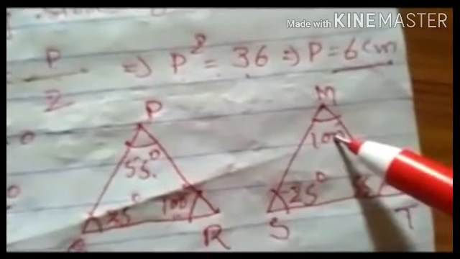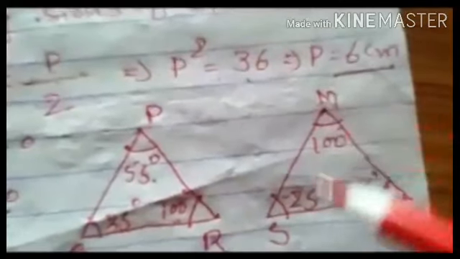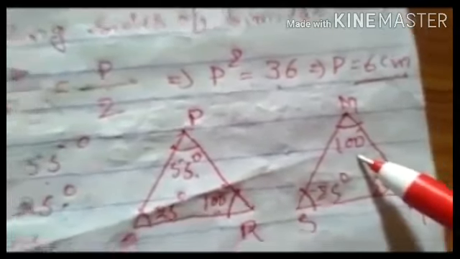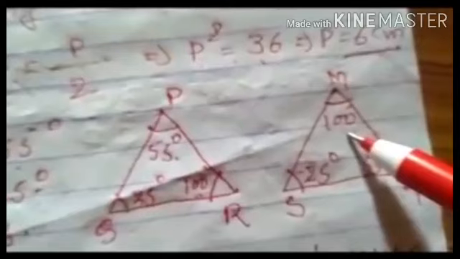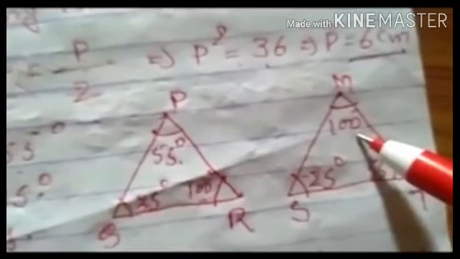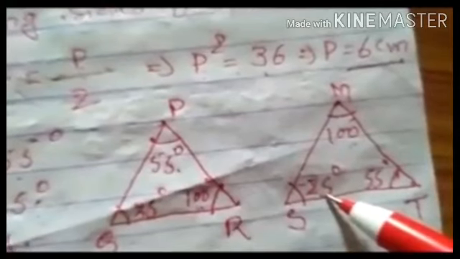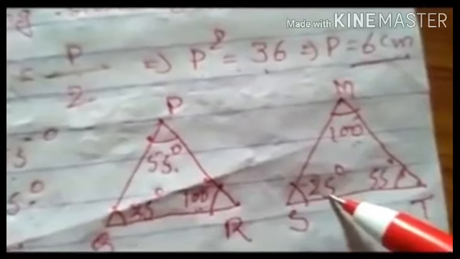Similarly, when we come to triangle MST, we were given the value of angle M, that is 100 degree, and the value of angle S, that is 25 degree.